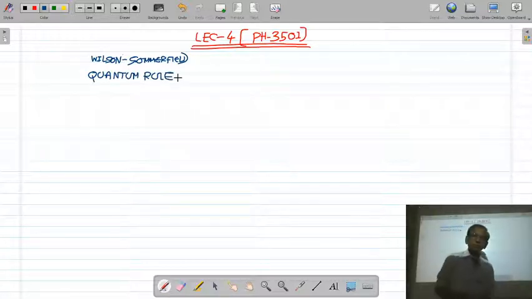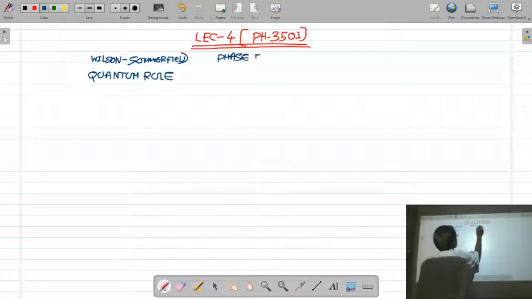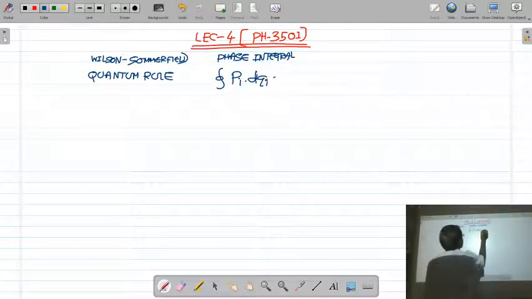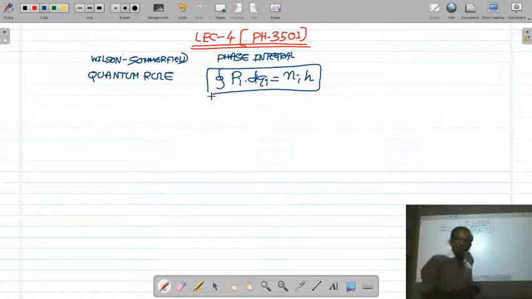Just remember what is the Wilson-Sommerfeld quantum rule? That the value of phase integral, integration of pi dqi, is an integral multiple of Planck constant h.